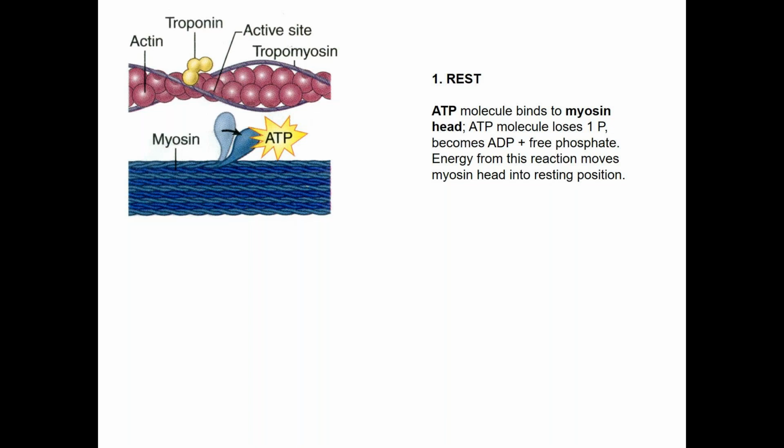So when we talk about skeletal muscles, we need ATP for contractions, okay? But we need it not to move the filaments, but to stop them from moving. We will need ATP for a skeletal muscle to rest, okay? Not to contract, but to rest.